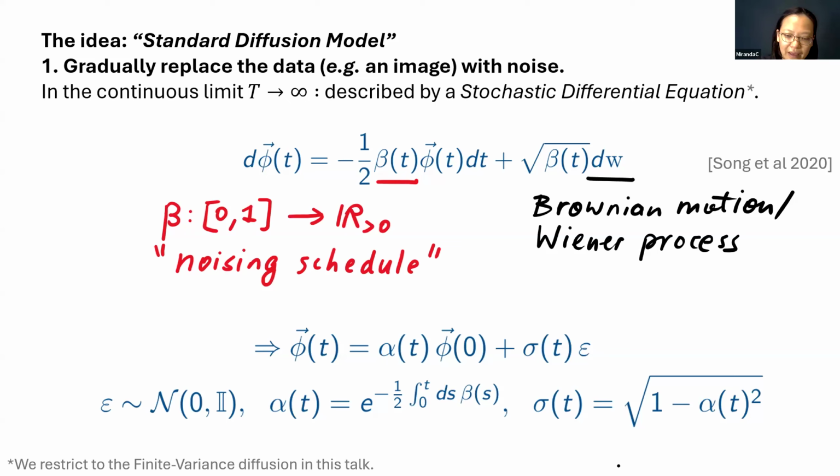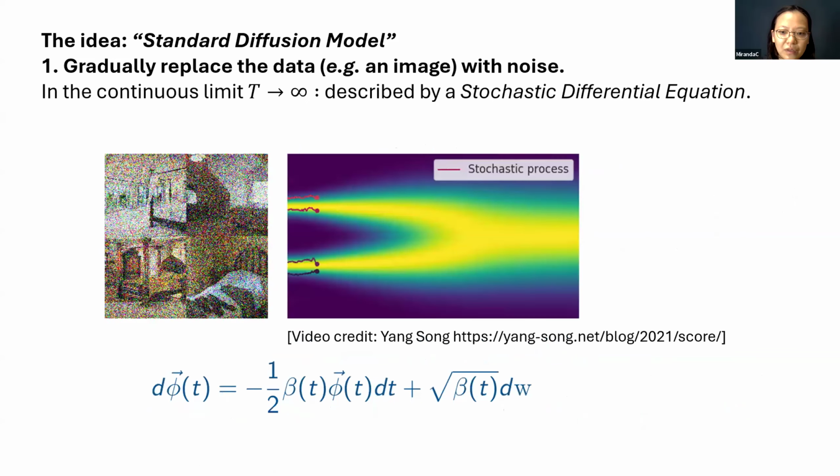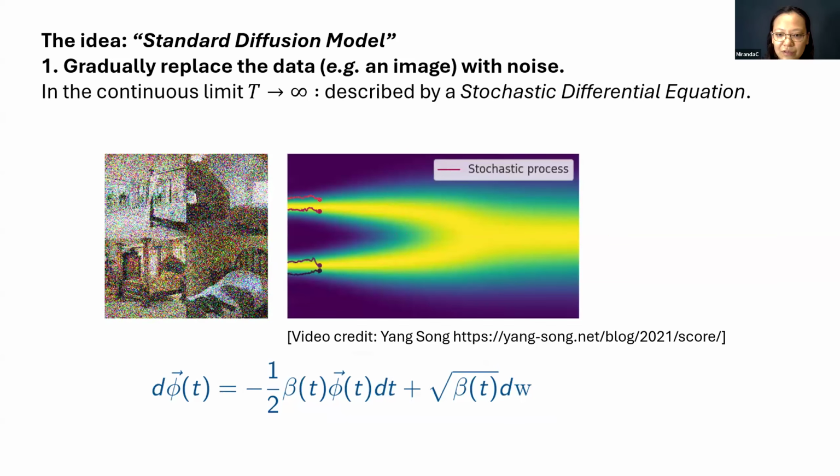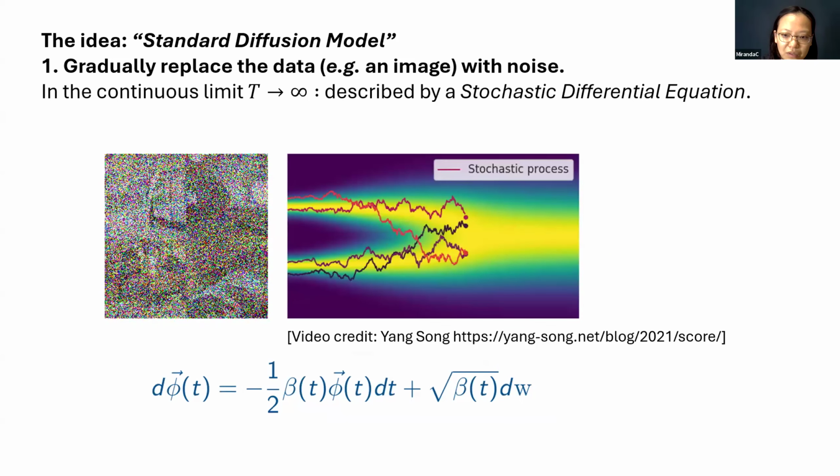You will see that the data, let's say the signal, becomes smaller with this factor alpha, which is in 0 to 1. And sigma, on the other hand, is the strength of the noise, which, as you could see, will increase with time, and also takes values in 0 to 1. For instance, this is a picture taken from Yang Song's blog post.